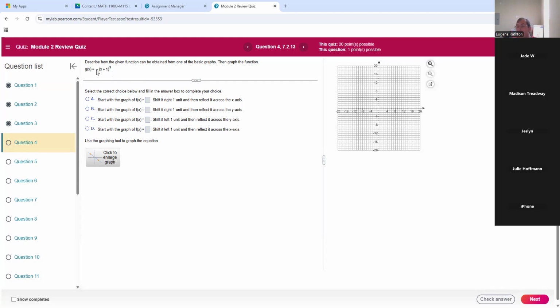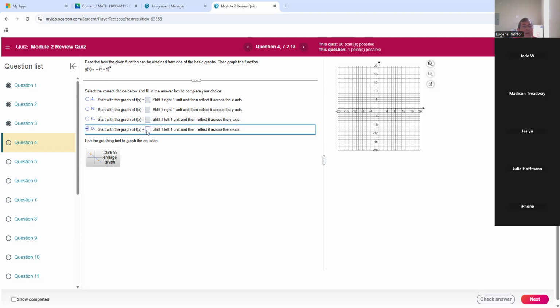And we only reflect over the x-axis, nothing over the y-axis, okay? It's only the x. And this time inside the parentheses is adding 1. So remember, if you're adding 1, it's going to move you to the left. So I want one moving left and going across the x-axis. So y'all, that looks like that would be D for me.